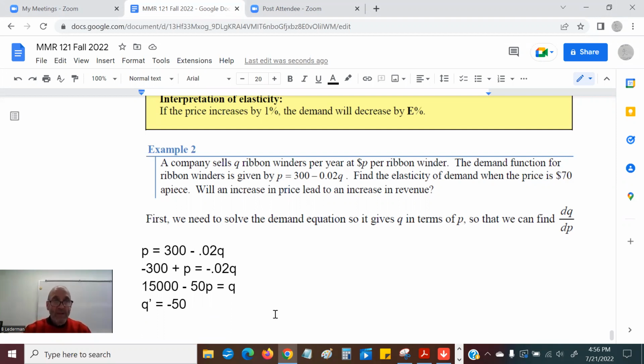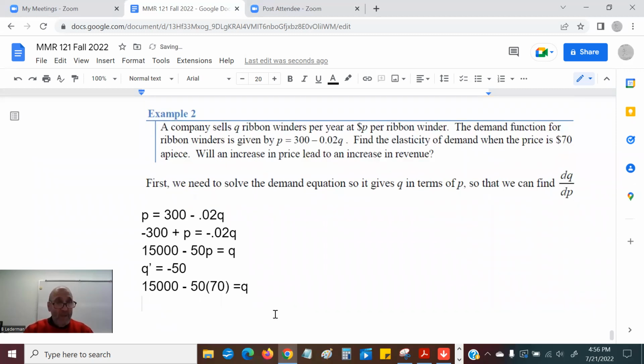I just say 15,000 minus 50 times P, which is 70, equals Q. So it's 15,000 minus 3,500, and that gives me 11,500. So Q equals 11,500.